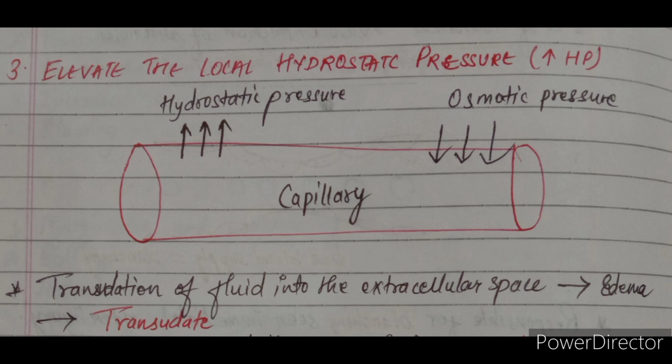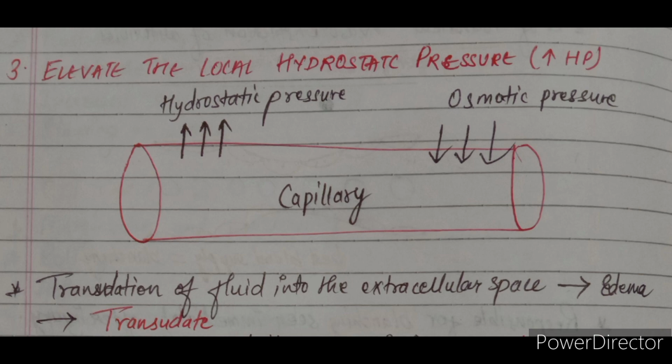Number one is hydrostatic pressure, that is the pressure due to water, which is outward pressure. And number two is osmotic pressure, that is the pressure due to proteins, basically albumin, and it is inward pressure. Normally they are balanced with each other.